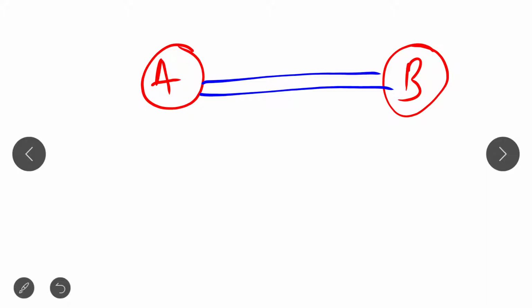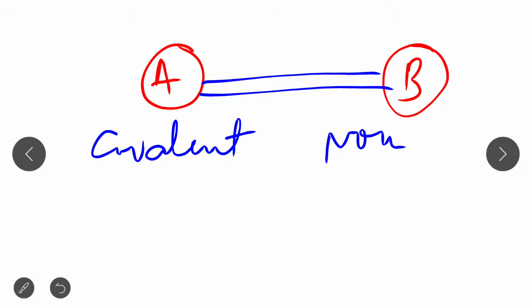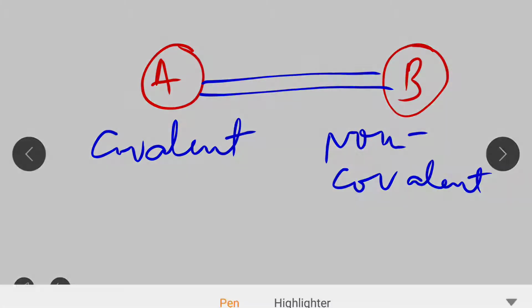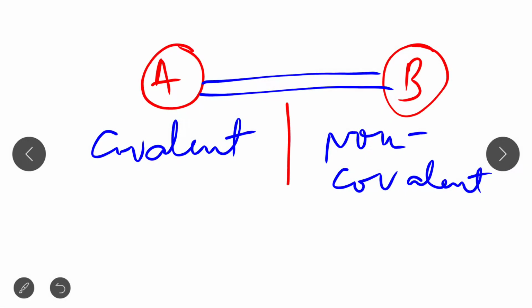These are basically done either through covalent forces or through non-covalent forces. So there are basically two kinds of interaction we mostly see: one is covalent and another one is non-covalent.